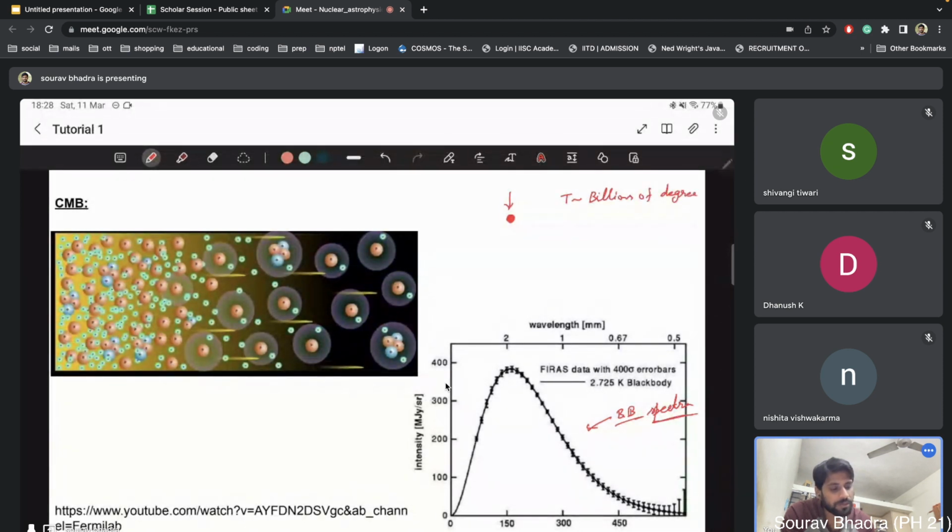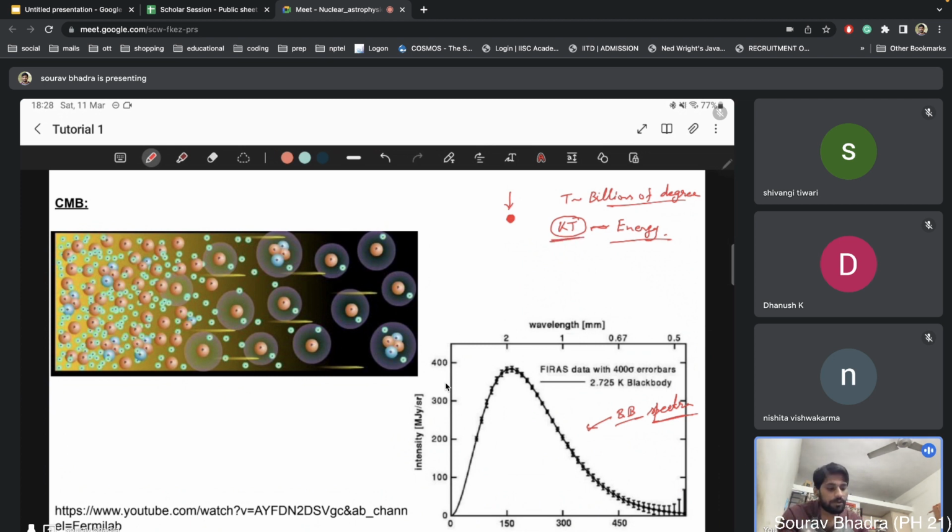Okay, so if you have some temperature associated, you will find some thermal energy, right? So kT, where T is the temperature and k is the Boltzmann constant, will tell you the thermal energy of a particle at temperature T. So if your temperature is billions of degrees centigrade, your kT value, that means the thermal energy, will be very high.